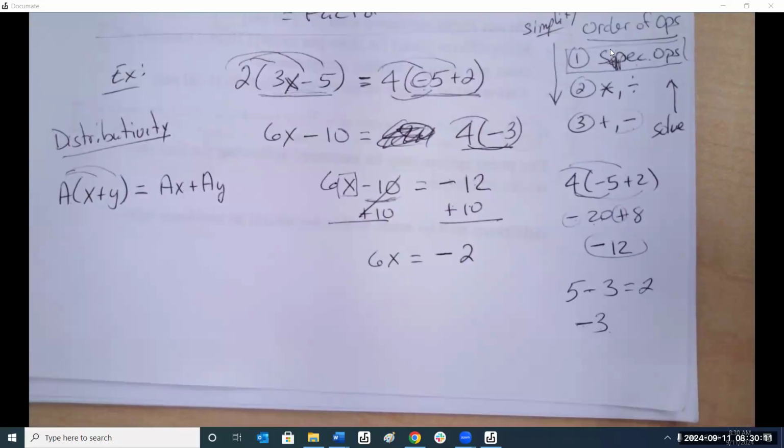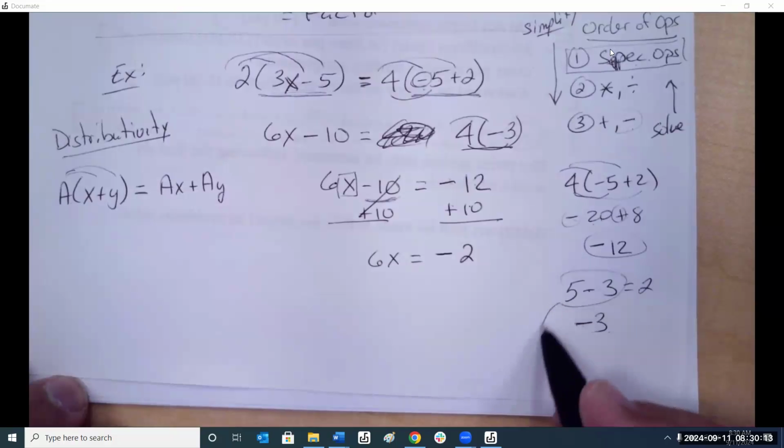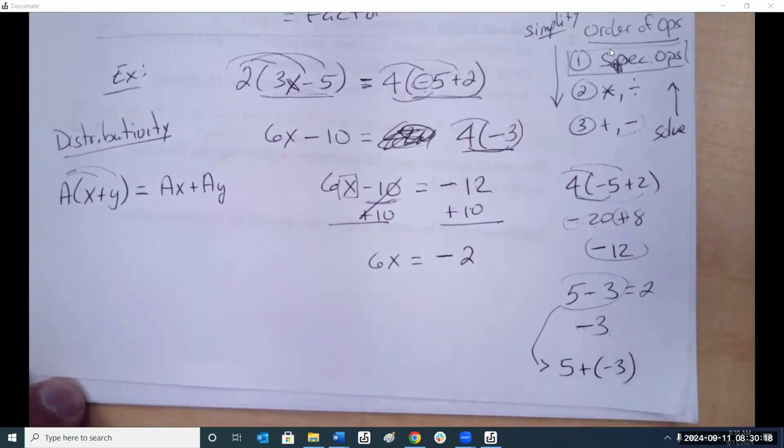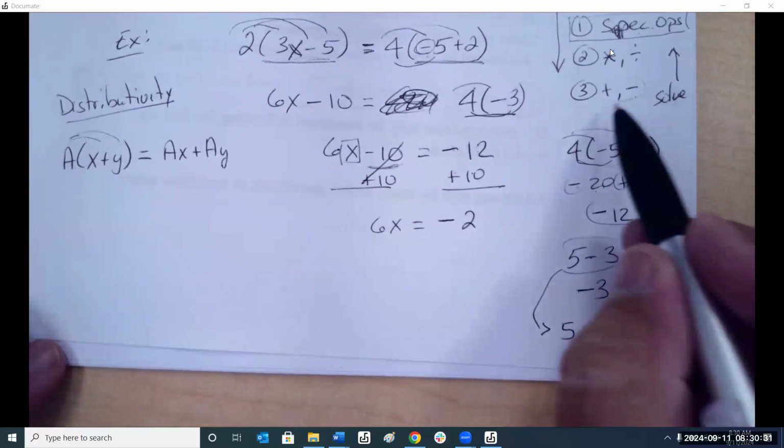Theoretically, they're both the same thing, because what this means is 5 plus negative 3. But if there's numbers to both sides, it's a minus. If it's in front of a number by itself, nothing else, it's a negative.